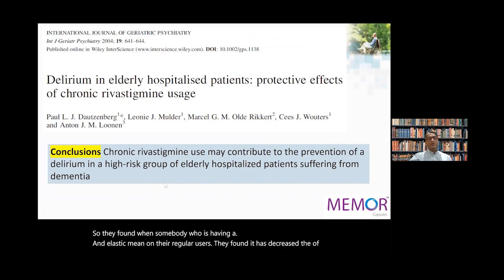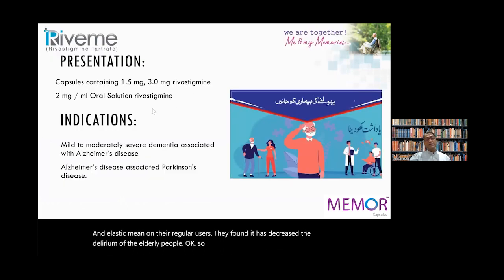Okay, so in Pakistan, when we were practicing in the initial stages, there was one molecule imported by the Novartis company, and it was available in four forms: 1.5 milligram, 3 milligram, 4.5, and 6 milligram. Then they launched the transdermal patches also.